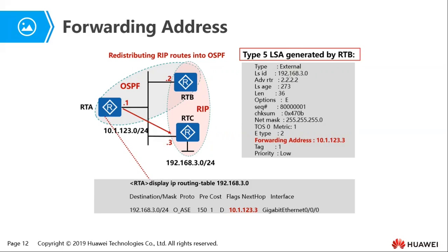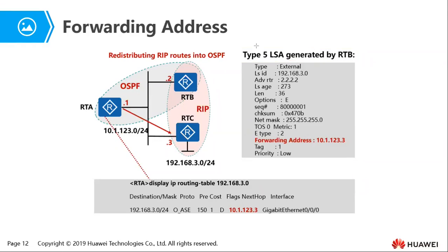RTB already knows about this network segment that is connecting to RTC, and it also knows about this one. So it knows that RTA and RTC are on the same network segment, 10.1.123.0.